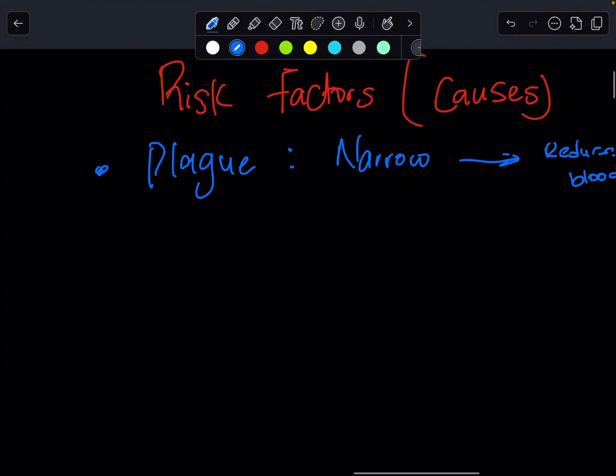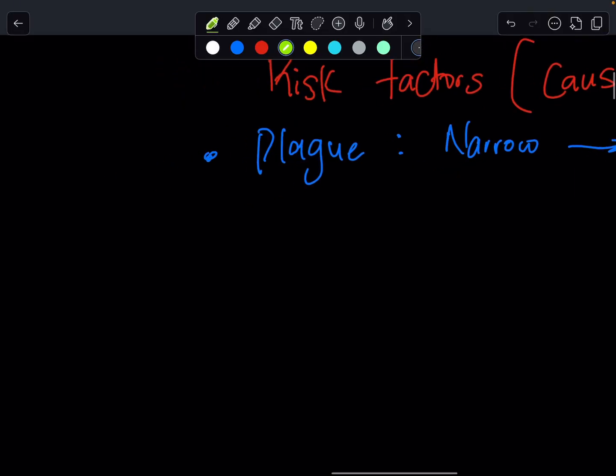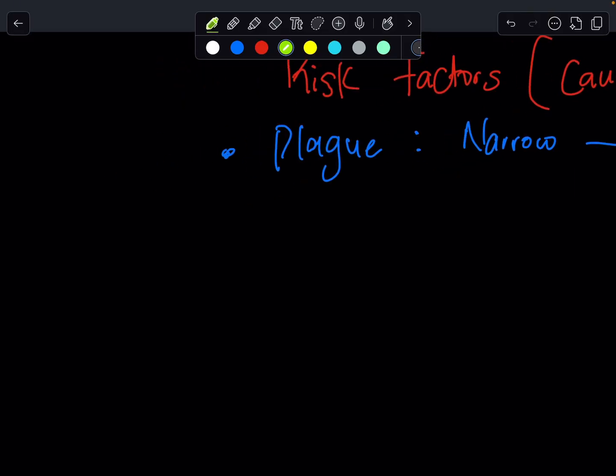Oh, I'm sorry guys, I needed to tell you that we're going to divide the causes of myocardial ischemia into two categories. We're going to talk about supply and demand. We're going to talk about supply, and I'm going to tell you why after. So we're going to say this is supply, and by supply, I mean it reduces blood flow.